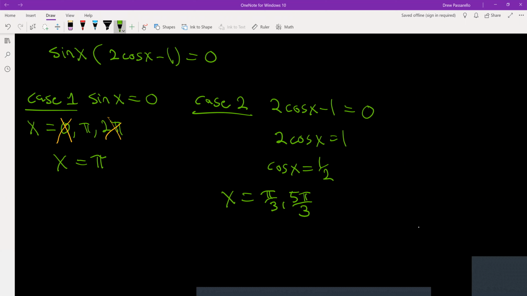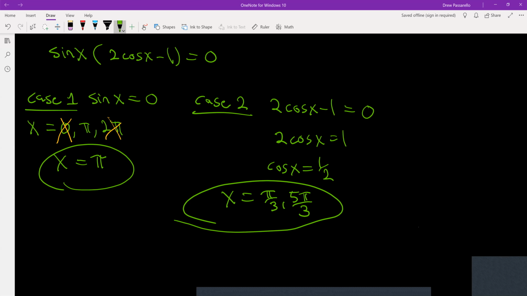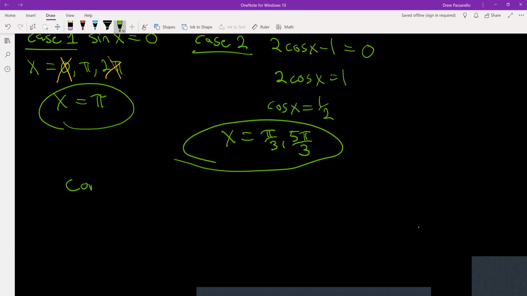All right, so combining the two cases together, we get that there are 3 critical numbers. Since there are 3 of them, I'll let C1 be the smallest of the three, so that's pi over 3.